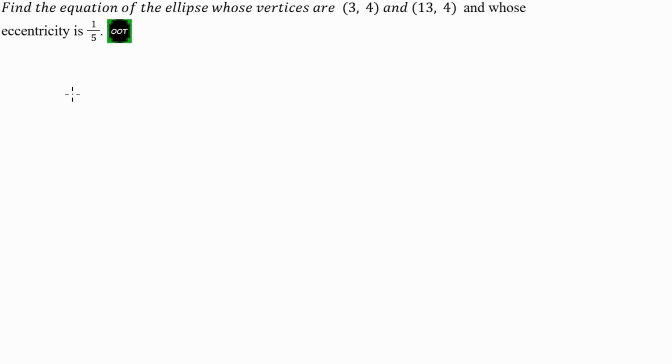Now if you have the vertices and you are required to find the equation of the ellipse, then the first thing I will suggest you consider doing is finding the center of the ellipse.